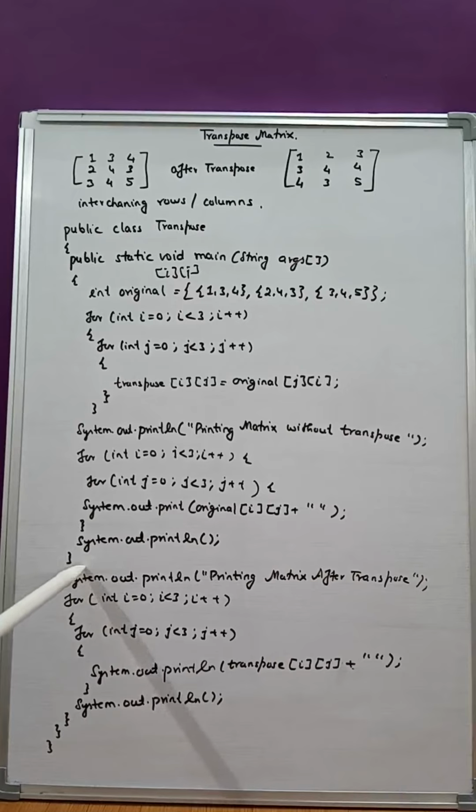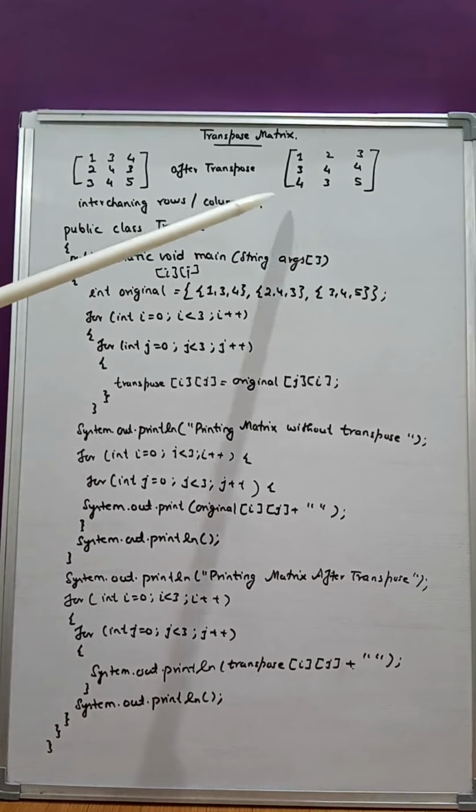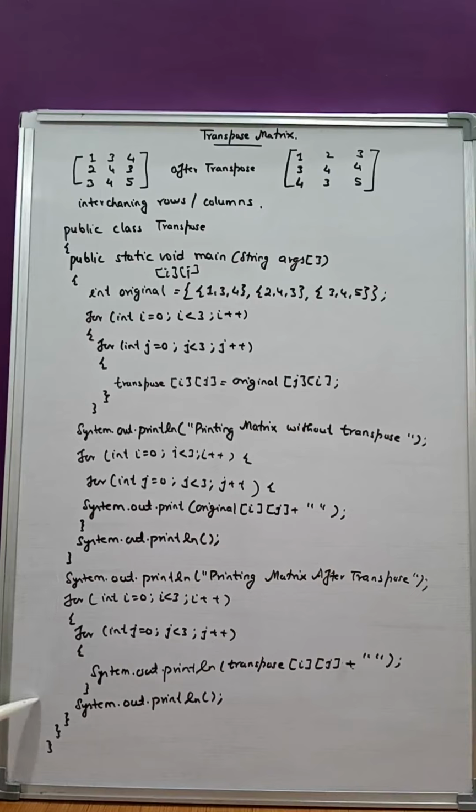So we have taken one more set of for loops and printed the values for transpose of ij. First the original matrix was printed with this condition, and then the transpose was printed with this condition in consideration.